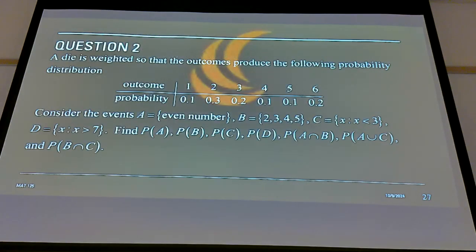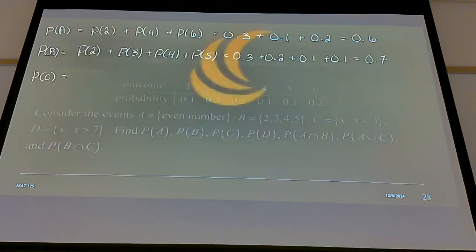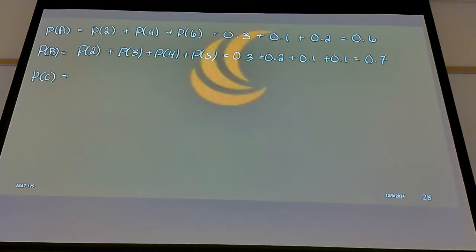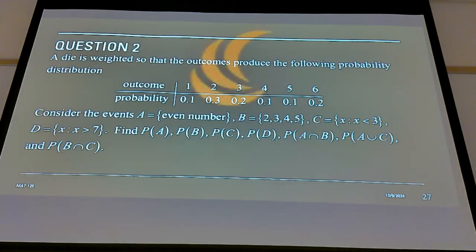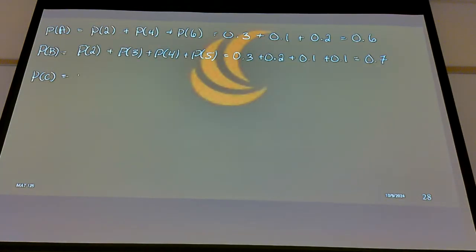What was event C? Less than 3. So what does it mean to roll less than 3? A 1 or a 2. And again, that's mutually exclusive. So it would just be that, wouldn't it?